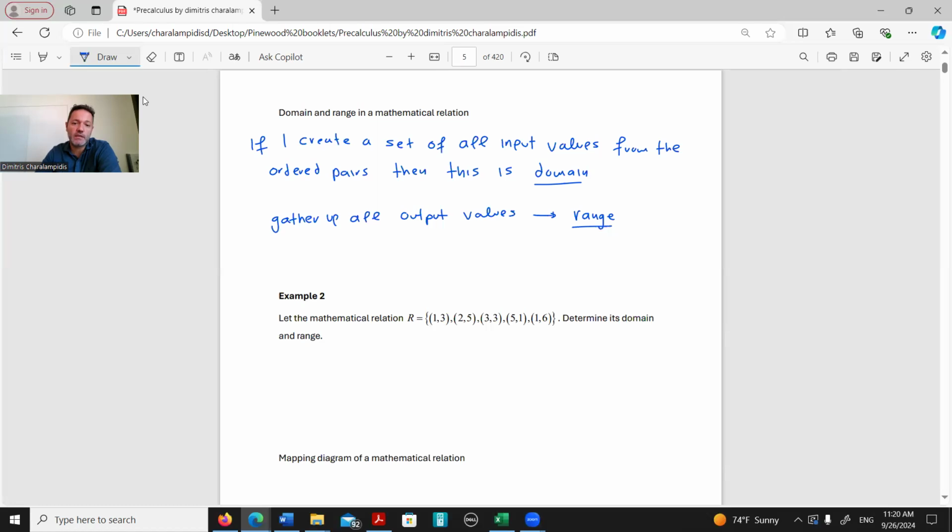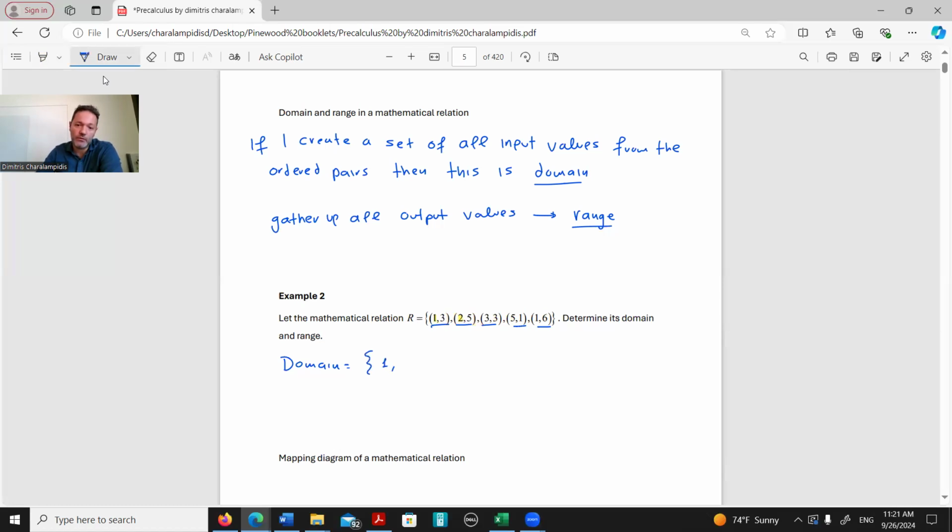Now, let's see this example where we have a relation with five different ordered pairs. We need to form the domain. The domain should be, as I just said, the set that includes all input values: 1, 2, 3, 5, and 1.